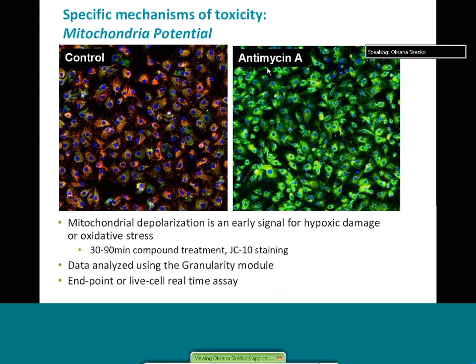But then in cells which were treated with antimycin A, an inhibitor of oxidation, you can see that membranes of mitochondria lose their potential and dye is leaking into cytosol, which turns green. So you can analyze those changes using granularity module.